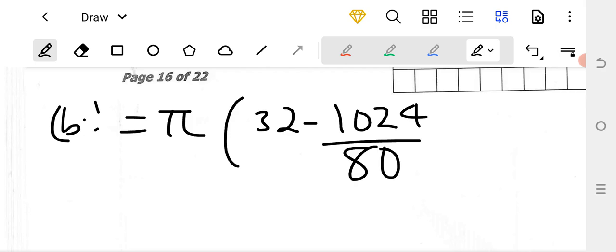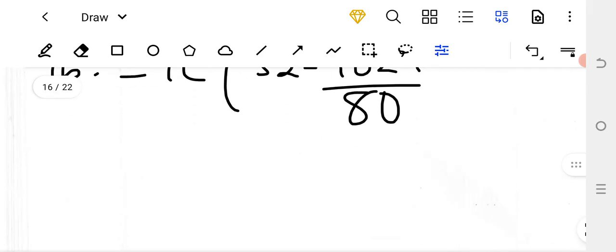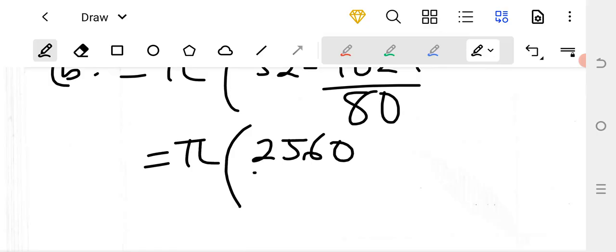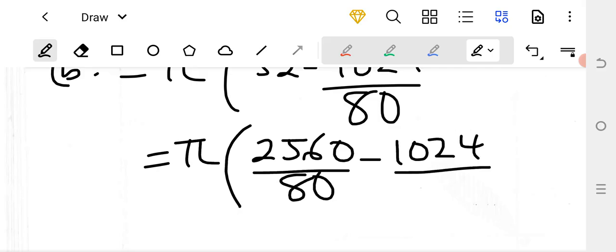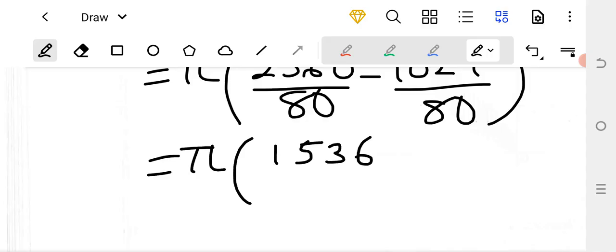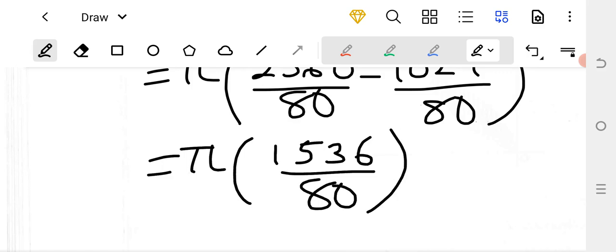You are going to have pi multiplied by 2560 over 80 minus 1024 over 80, which is equal to pi multiplied by, if you subtract 1024, you are going to have 1536 divided by 80.